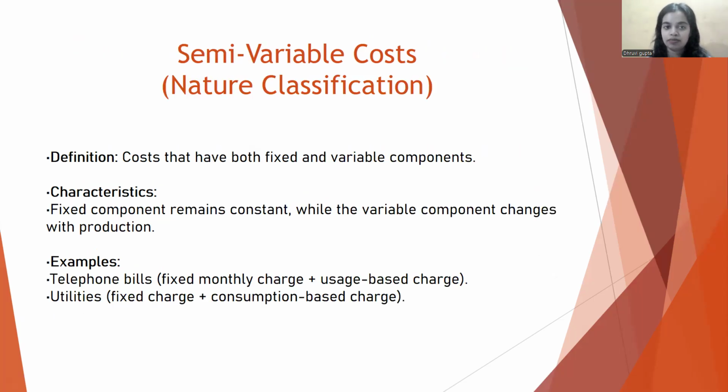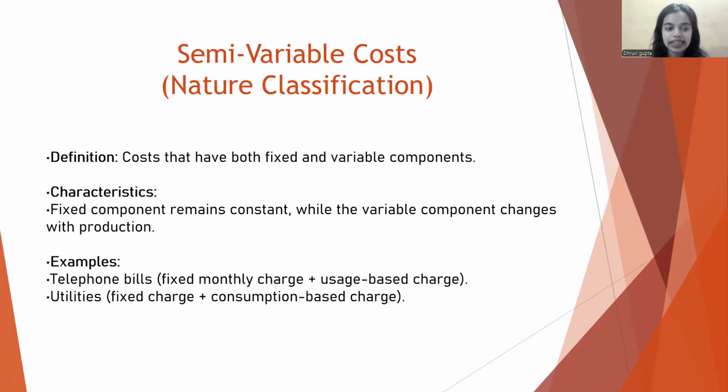Next is semi-variable cost. Its definition says costs that have both fixed and variable components are called semi-variable. That's why the word semi-variable: half of it is variable and half of it is fixed. Its characteristics are that the fixed component remains constant while the variable component changes with production. So it's a mixture of fixed cost and variable cost.